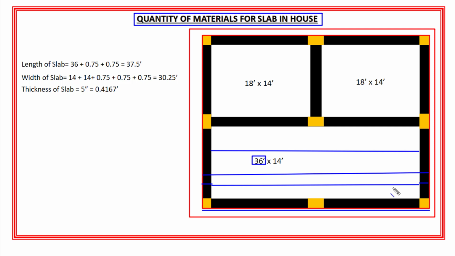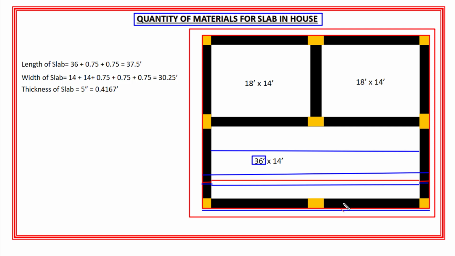You must be thinking why I add the thickness of these two walls to the length of the living room. Well, as I told you, the slab will rest on these walls. So I have to add the thickness of the walls to the length and width of the slab.